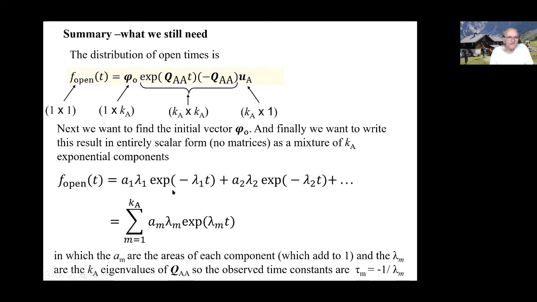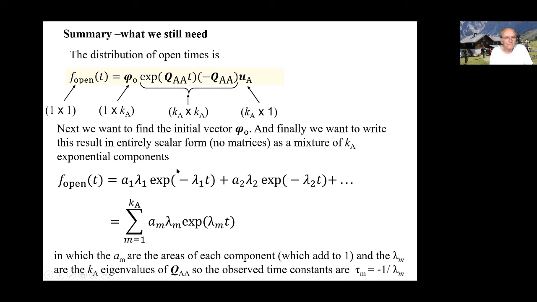It won't surprise you by this time to see that we do that by using the spectral expansion of e to the QAt. And we want to get it finally into this form, an entirely scalar form.